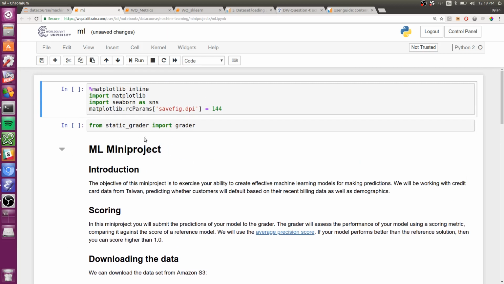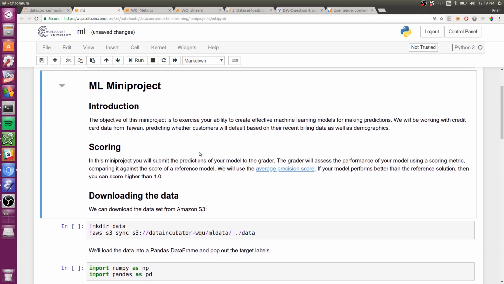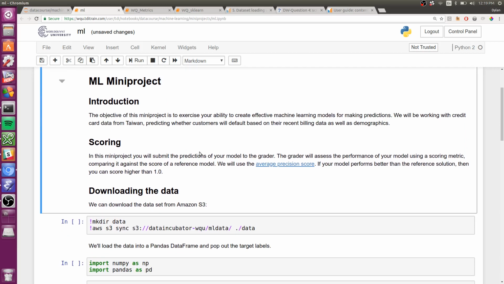So I would encourage you to at least start looking at the ML mini project and trying to work on that in addition to any other mini projects you might be working on. Or if you have finished the other ones, you should feel confident proceeding on to this one. And the ML mini project is the last mini project in the course.